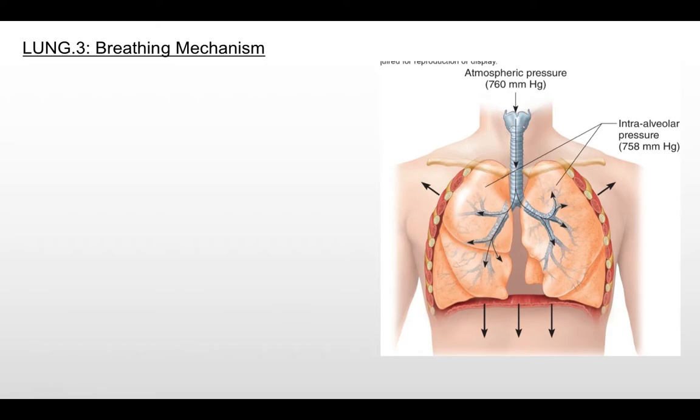When we want to inhale, though, we have to create a difference in pressure. That's what will cause air to rush into all the tiny little air sacs, all those alveoli. So in inspiration, the way we do that is by contracting our diaphragm downwards. In your abdominal cavity, you have a thin muscular sheet that separates the abdominal from the thoracic.